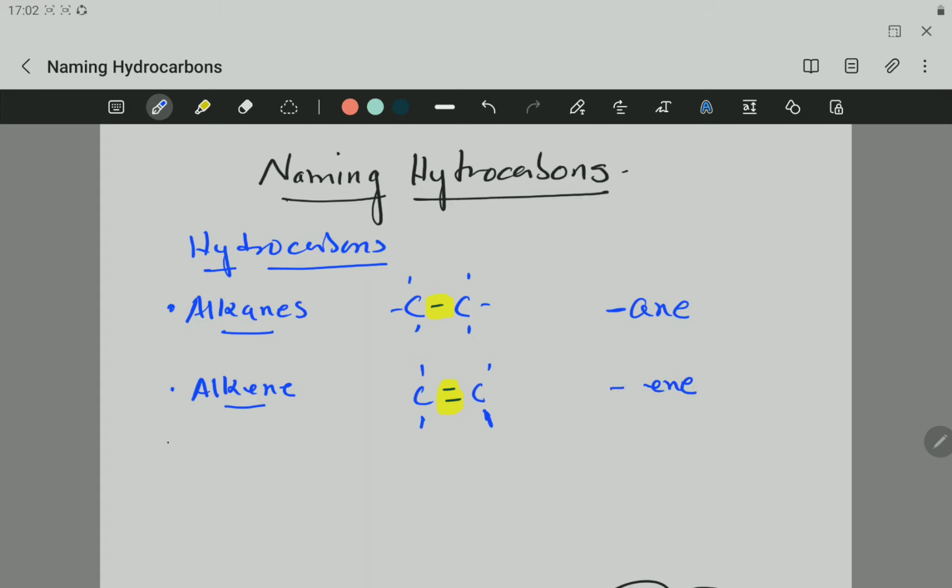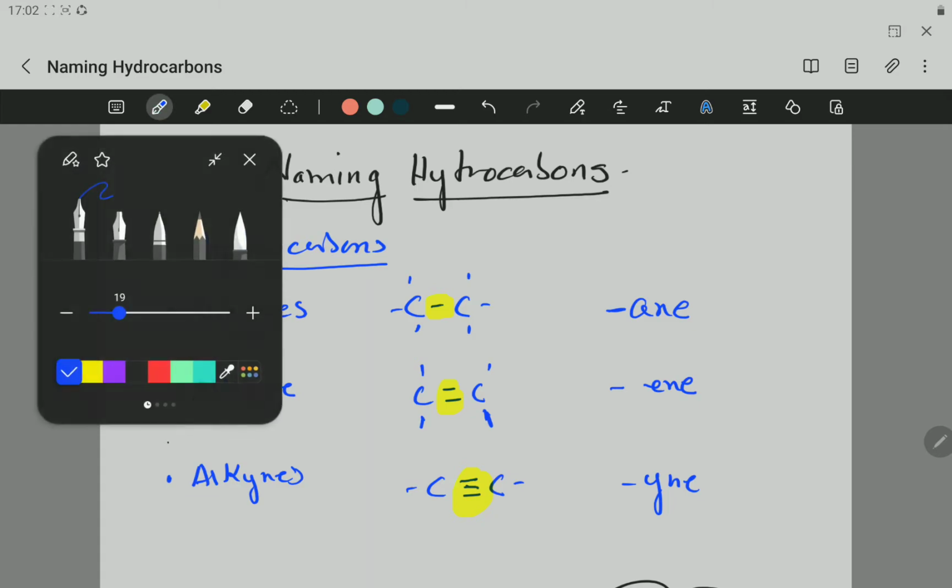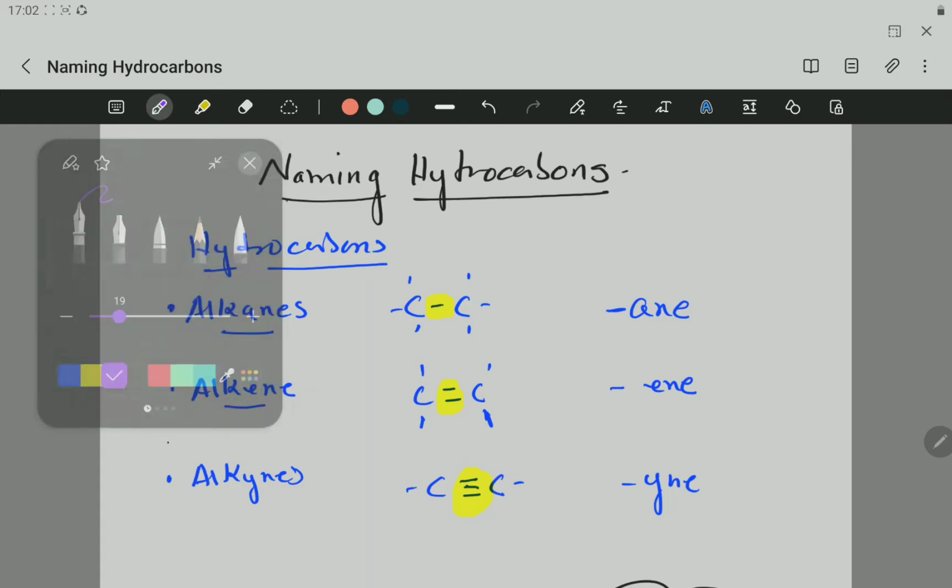All right? And the last one is alkynes, and the alkyne has the characteristic functional group, which is a triple bond between carbons. It has a triple bond between carbons, and then the name will end in "yne". This is important. It's just to record things we did.